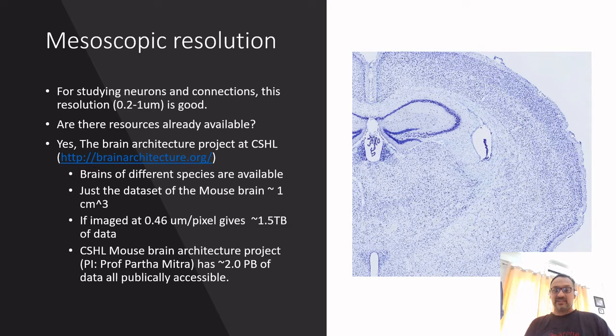The brain architecture project has somewhere close to two petabytes, probably higher than two right now, because the data is appended as time goes. We have close to 2 petabytes or even greater of data that is all publicly accessible. So anybody who's interested, please visit the webpage.